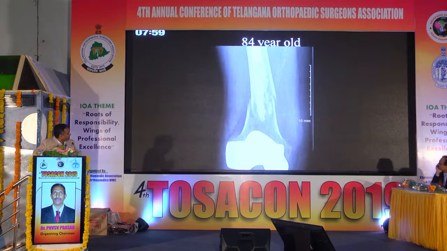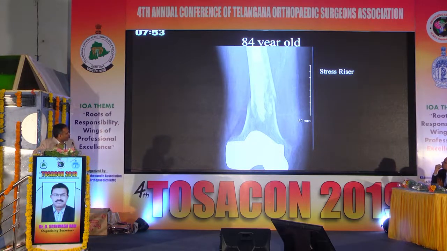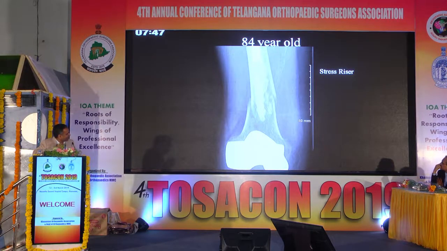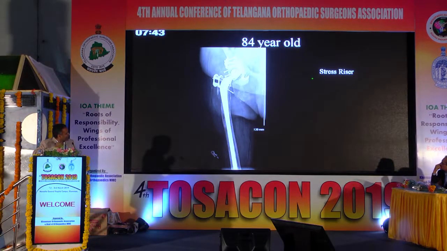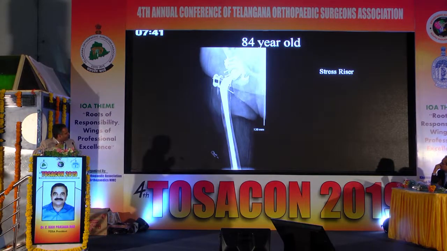If you zoom in, you can clearly see the fracture has occurred at a stress riser. This is a stress riser because this is where the cement ends, and this is where you have the metaphyseal bone. If you look at the top end, this patient has been a stress riser for the surgeon. The amount of surgery she's had before, a revision shell with a plate done on this.